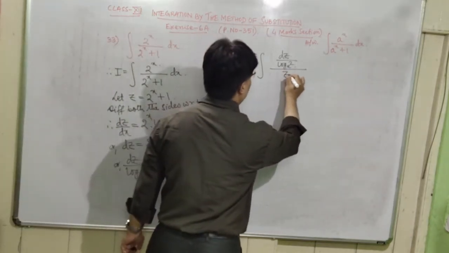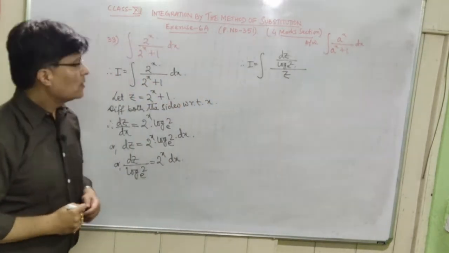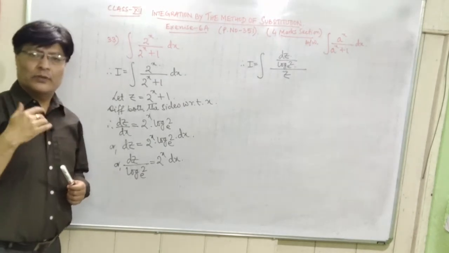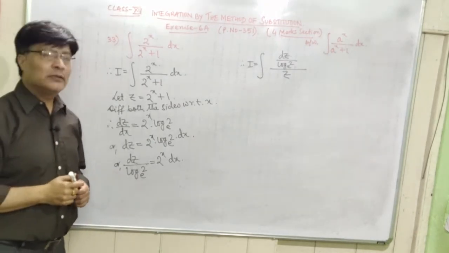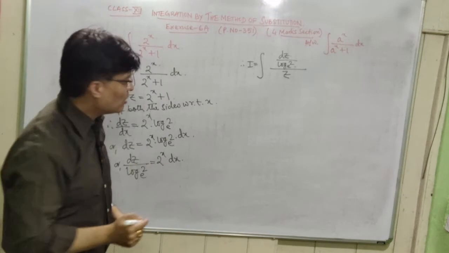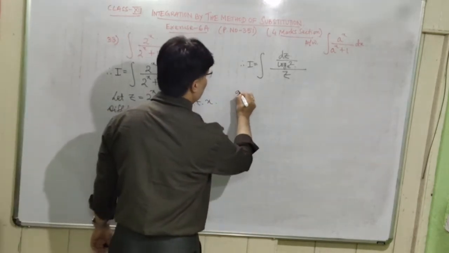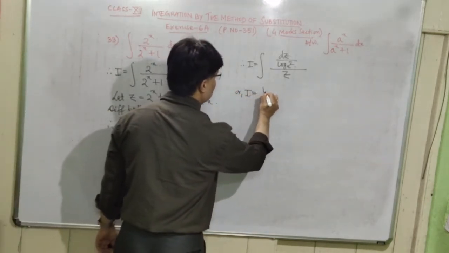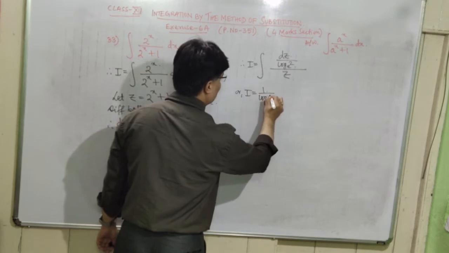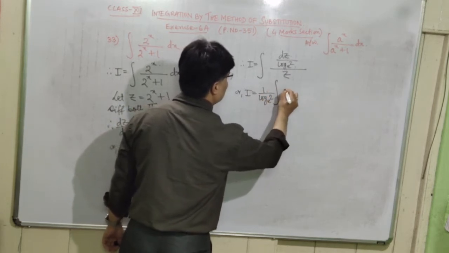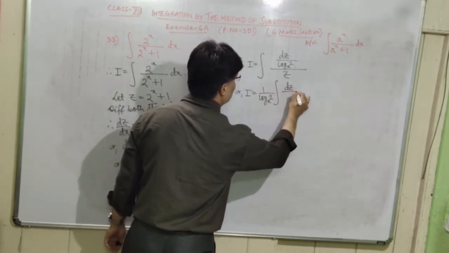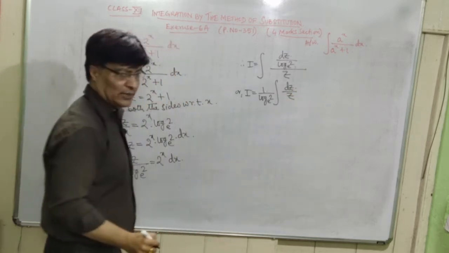So here you can write z. Okay. So now which constant is there so that we can take it outside? Here 1 by log 2 base e is constant, you can take it outside. 1 by log 2 base e constant, integral sign, this is dz upon z.